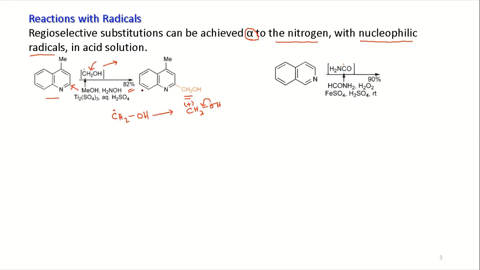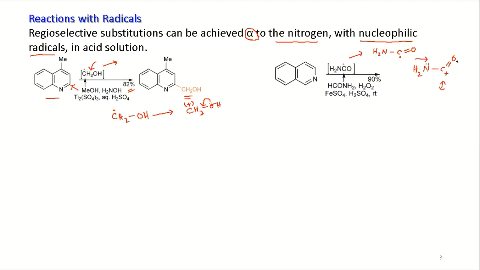Similarly, if you go for isoquinoline, look at the formation of this radical, and this radical we also call a nucleophilic radical. Why is it nucleophilic? Because this radical can produce the NH2 C double bond O form, which is stabilized in both directions.